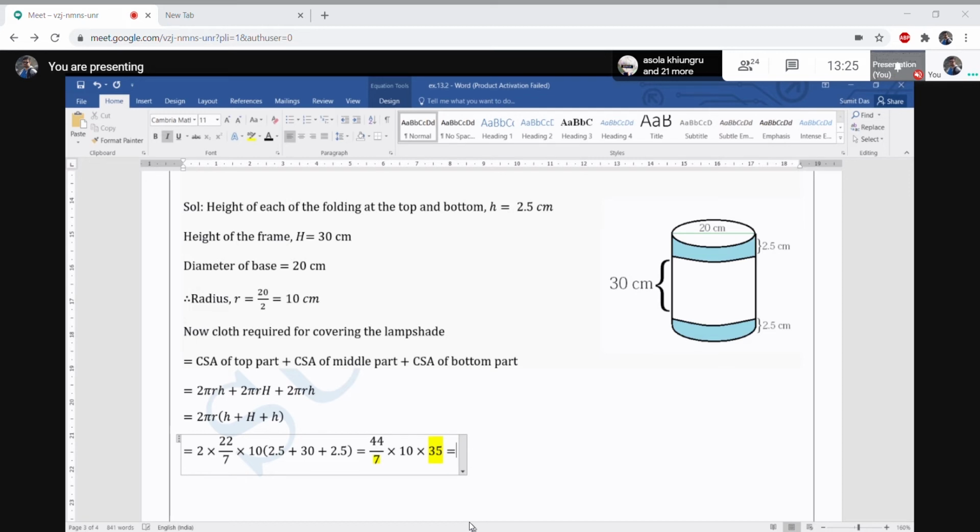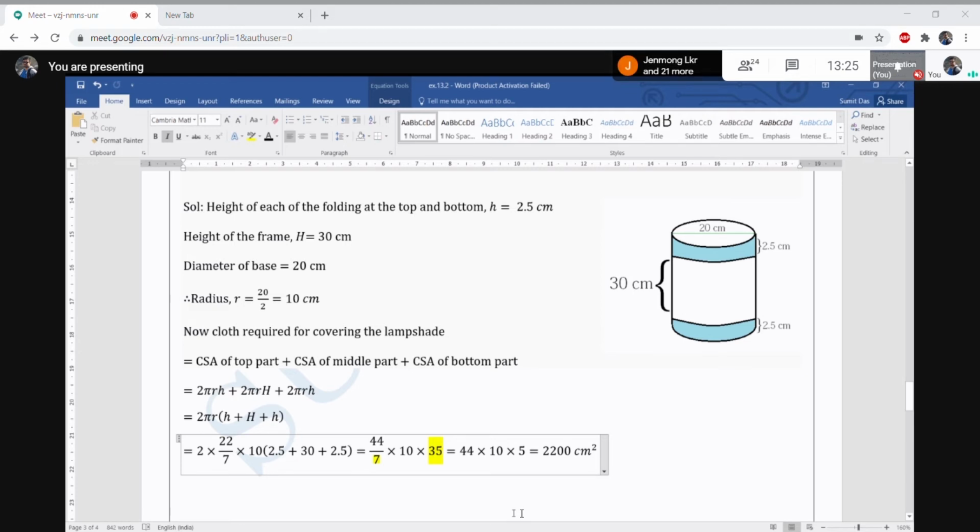So we'll get 44 times 10 times 5. If you simplify this, 44 into 10 is 440, 440 into 5 is 2200 centimeter square. That is our total surface area.